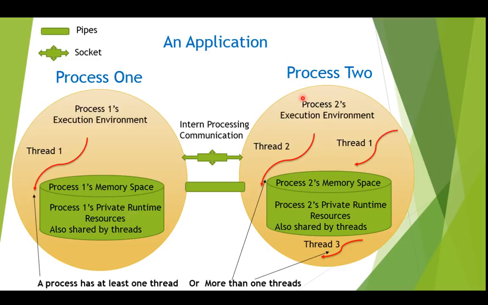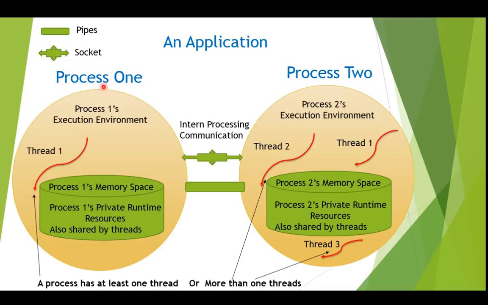In the same way, process 2 has its own memory space, which is used to store the resources of process 2. Process 1 may have at least one thread, and it is possible that process 2 or any process has more than one thread. But a thread is lightweight, because if a process creates another thread, it doesn't require a separate memory space. It utilizes the same space.